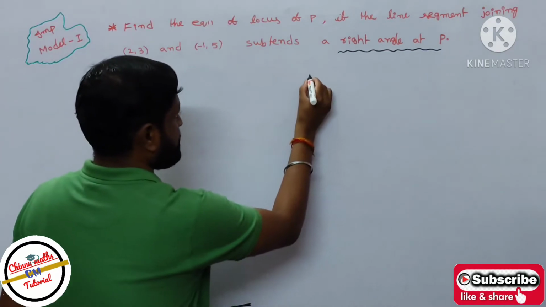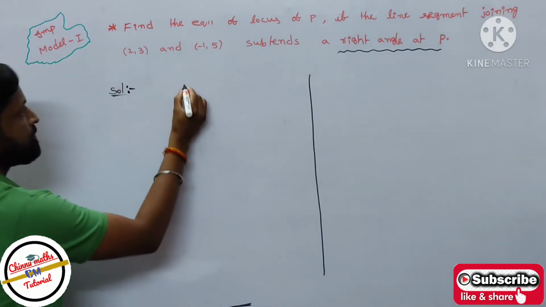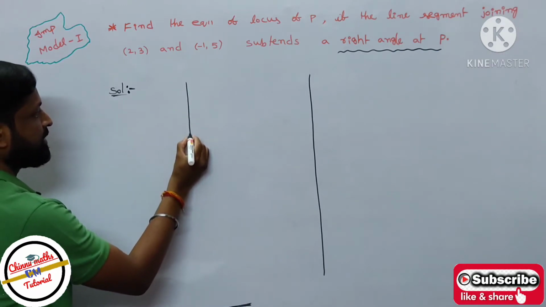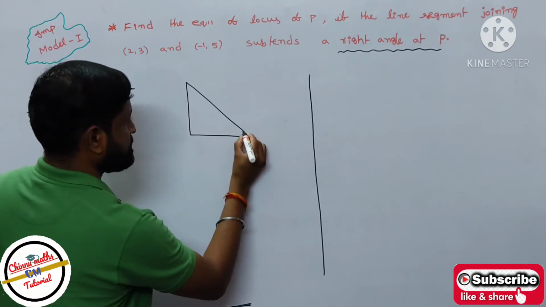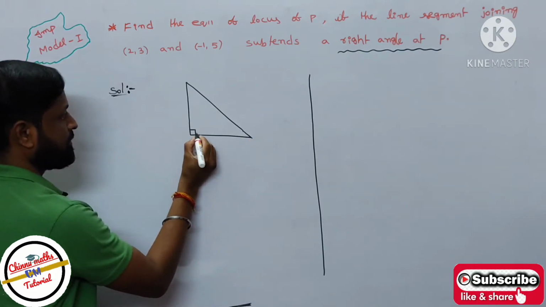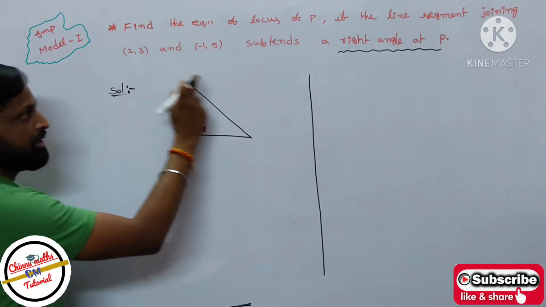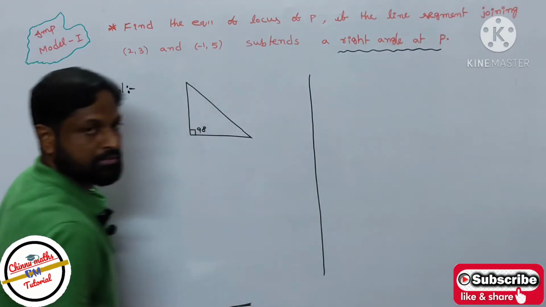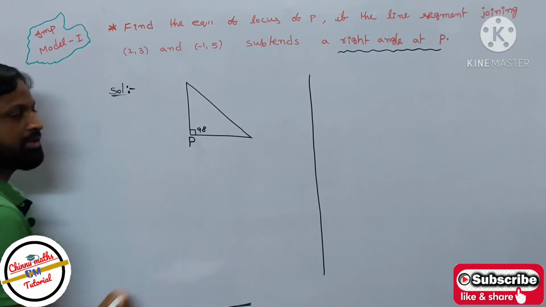See here, we will take the right angle triangle. Here is 90 degrees. So according to the problem, clearly given that right angle at P. So that means 90 degrees at point P. What are the remaining 2 vertices?